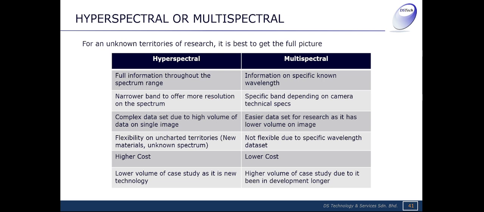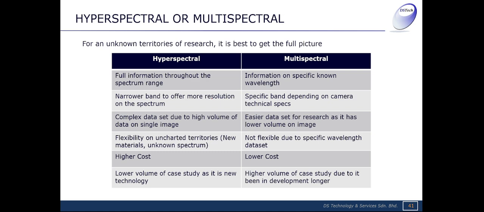But if you don't really know and you are walking in uncharted territory, it's better to go hyperspectral, since you are not sure what you're looking at. It will help because hyperspectral usually has very narrow bands of resolution, so you can see more stuff in your image.